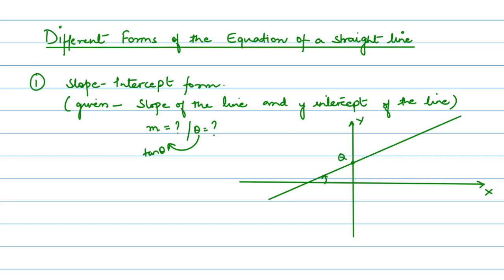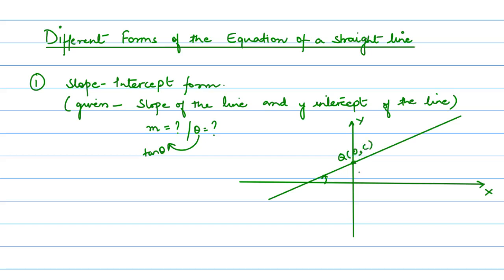Since the y-intercept is known to us, it is the point where the line cuts the y-axis. Let the coordinates of this point be (0, C). If you remember, the y-intercept was represented by C, therefore we are using (0, C).